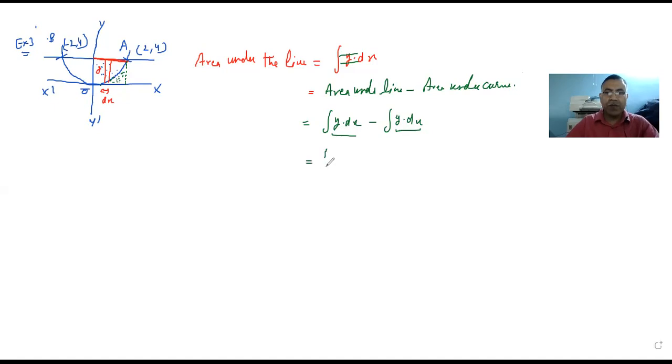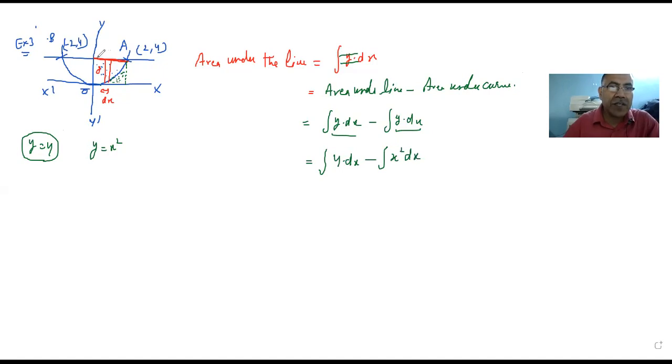So for the line, the equation is y is equal to 4. For the curve the equation is y is equal to x square. This is given. So this is 4 dx. I have not used the limits yet. पहले मैं सिर्फ आपको ये समझाना चाह रहा हूं कि why I have done it.